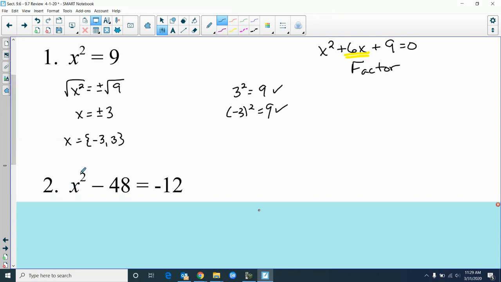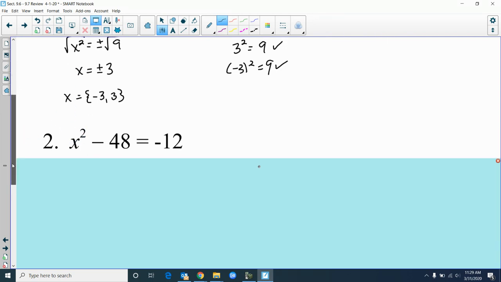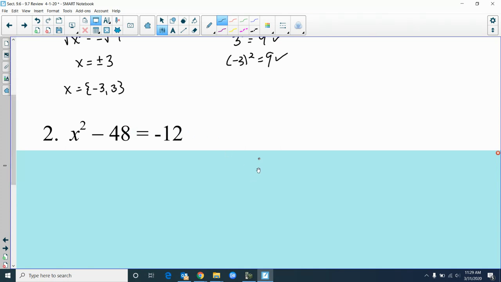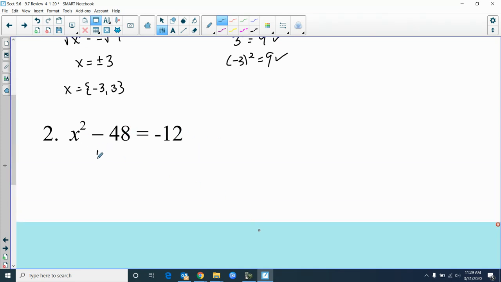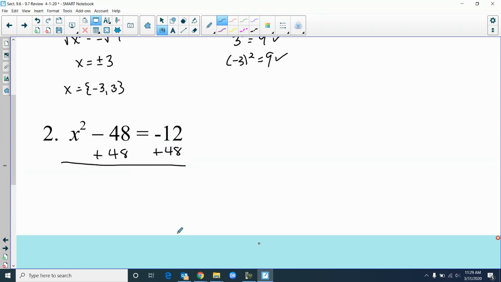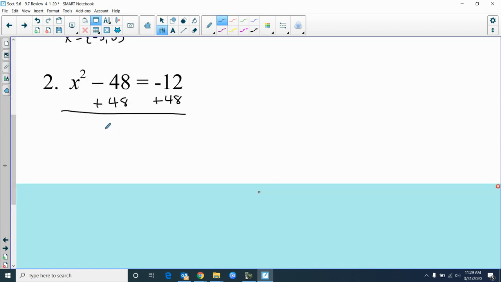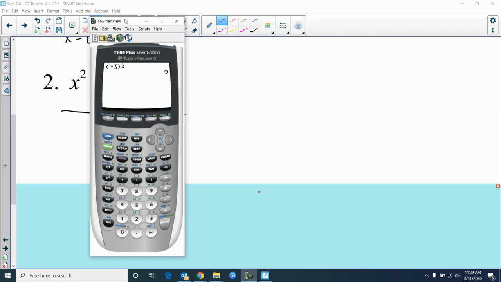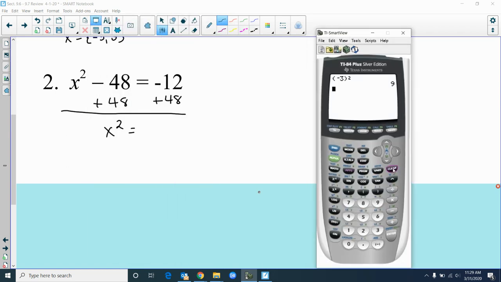Okay, if x squared is not by itself. Now again, I have no x on any of these, which means I can use square roots. I want to get the x squared by itself, so add 48. Well, what's -12 plus 48?